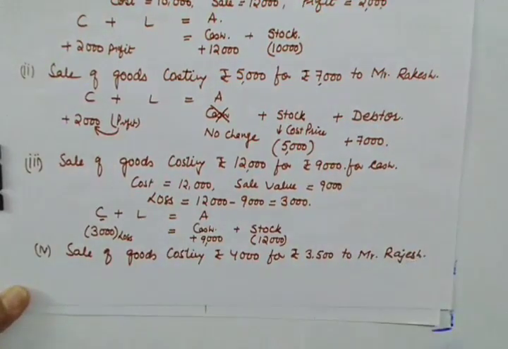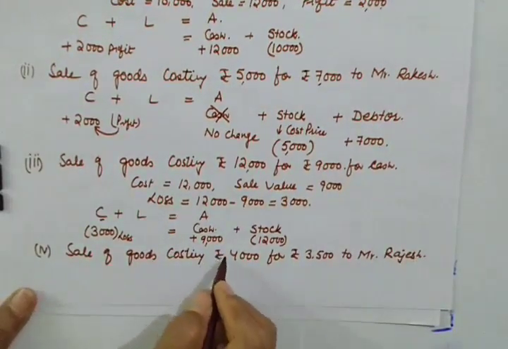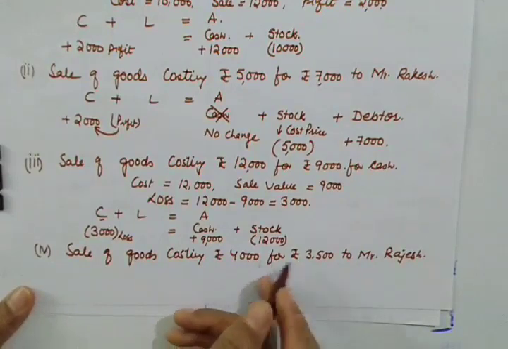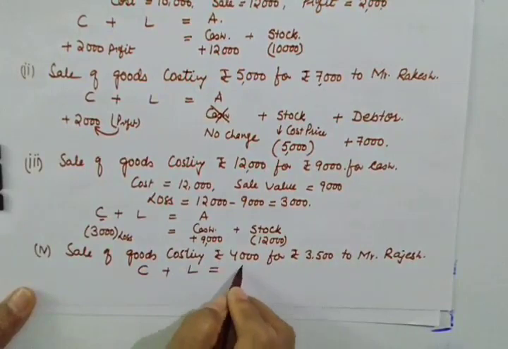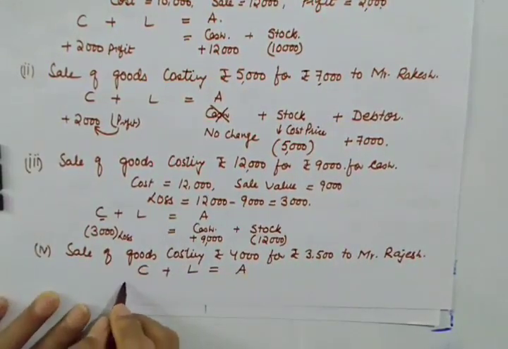Yes. So what will happen in this case? There is a loss of 500. So when you record the accounting equation, you will be reducing your capital by 500.